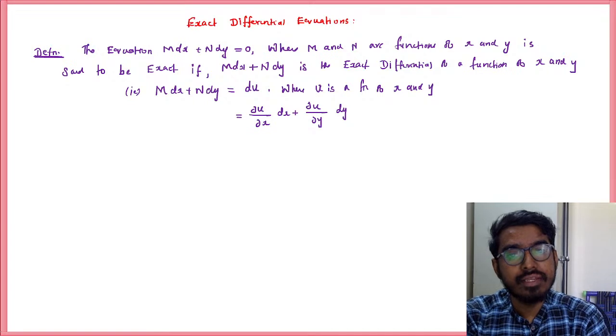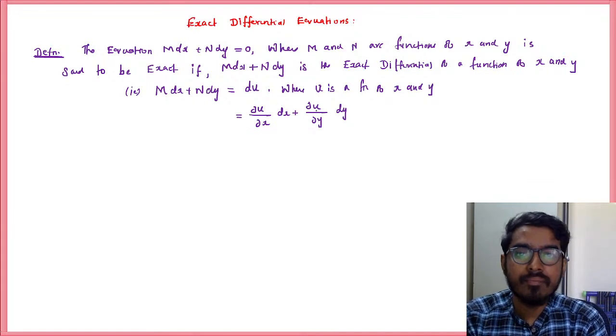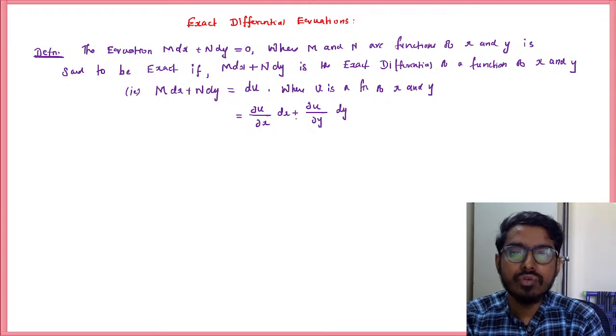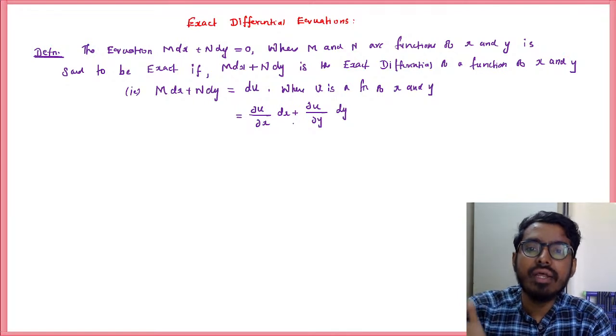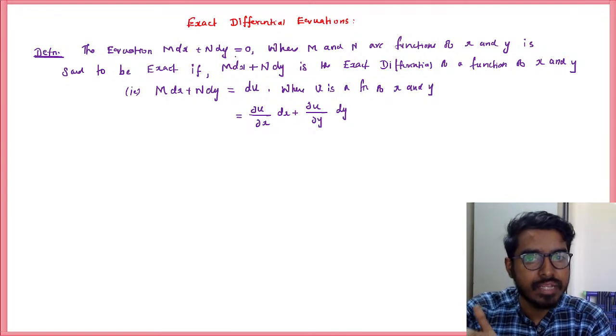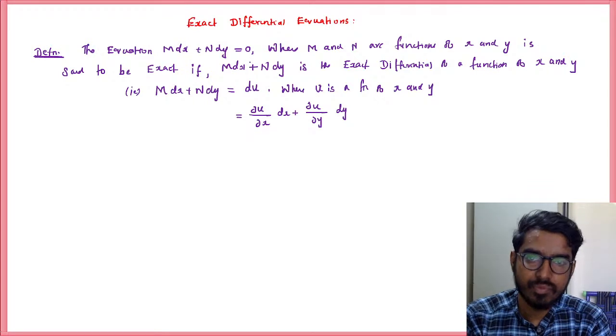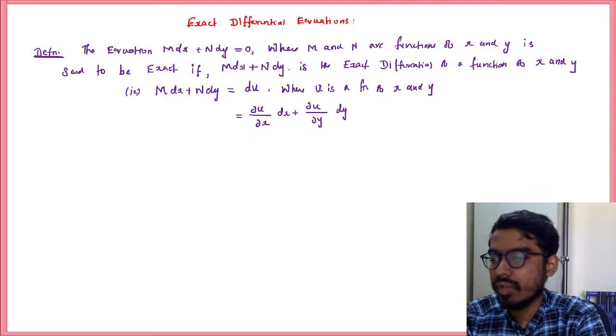We can check using the definition, but it will take so much time. So rather than using this definition, we're going to introduce a theorem giving the necessary and sufficient condition for the equation M dx plus N dy is equal to 0 to be exact.